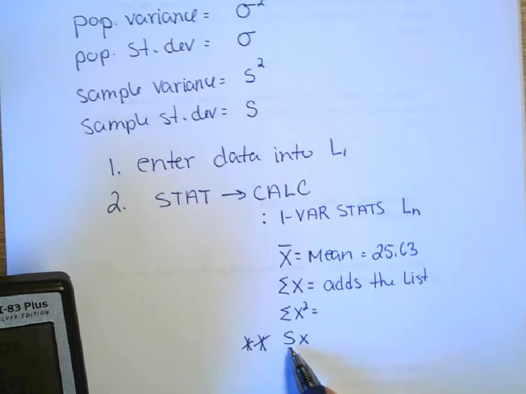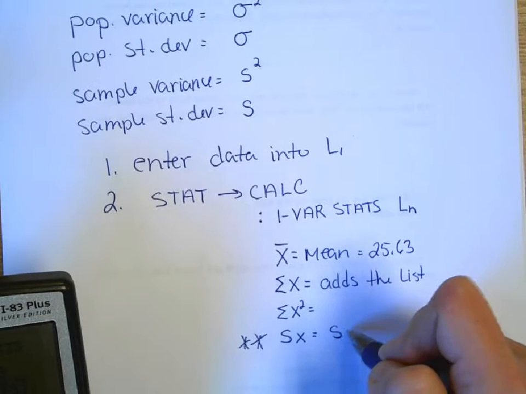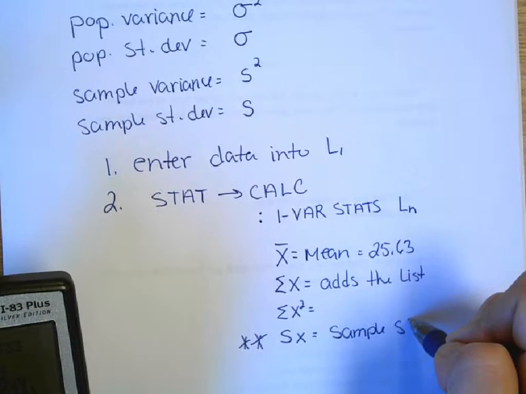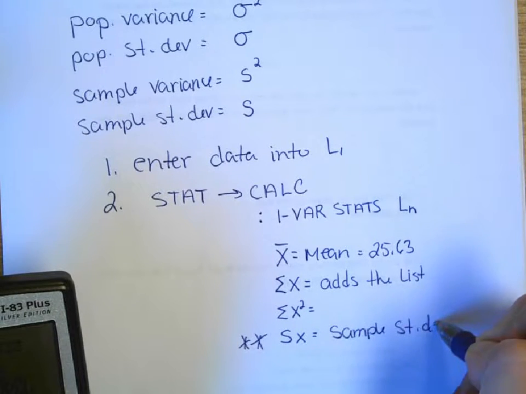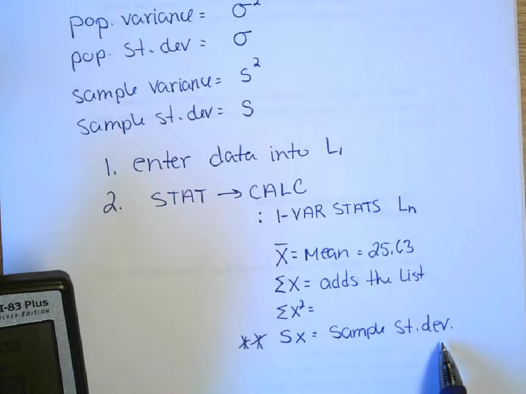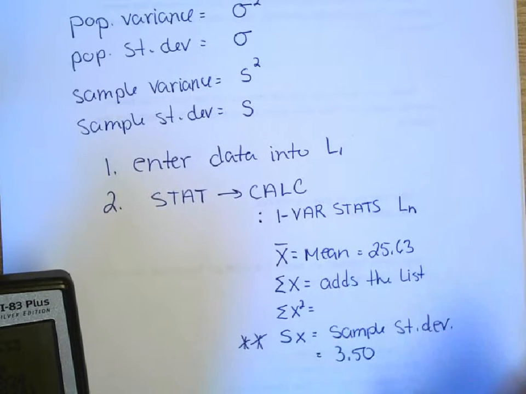So the S here is our S that's here. Instead of us having to use the three lists and do the sum, the divide, and the square root, it's doing all of that for us. The sample standard deviation came out 3.50.